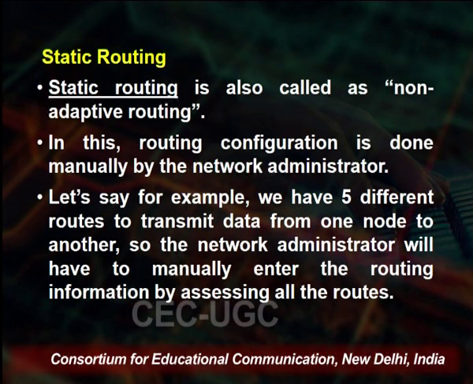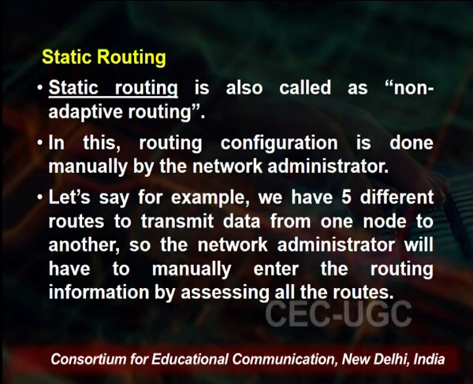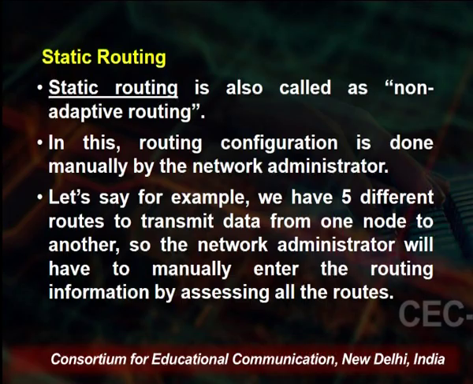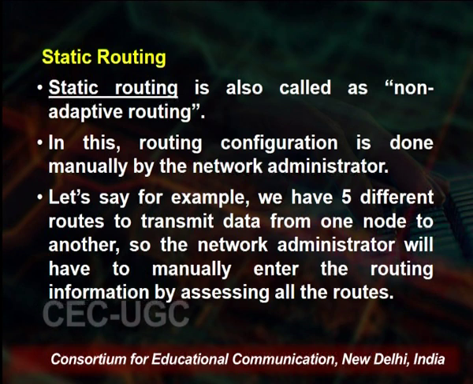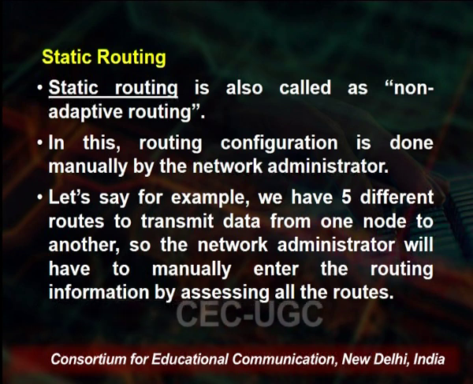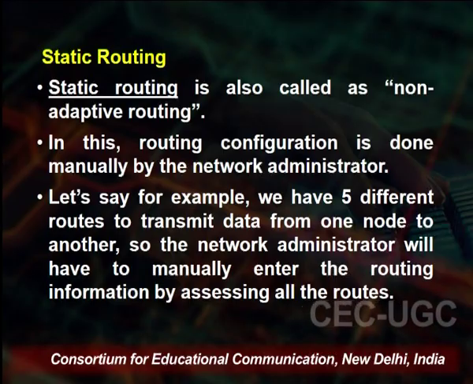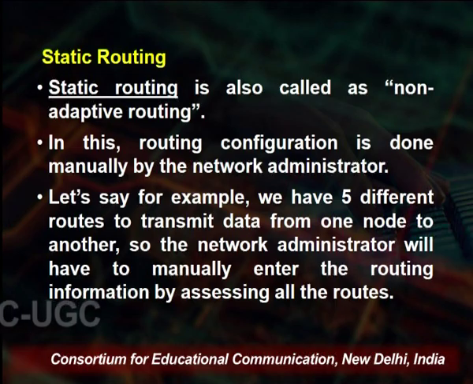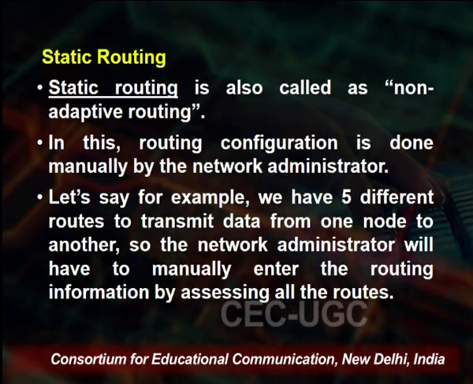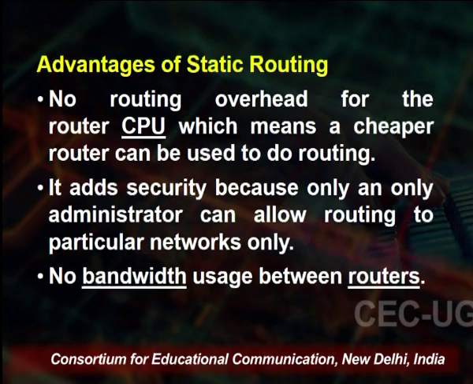The network administrator will manually have to enter the routing information by assessing all the routes in terms of traffic, delay and other parameters, and after assessing all the routes, the routing information is to be entered manually by the network administrator.